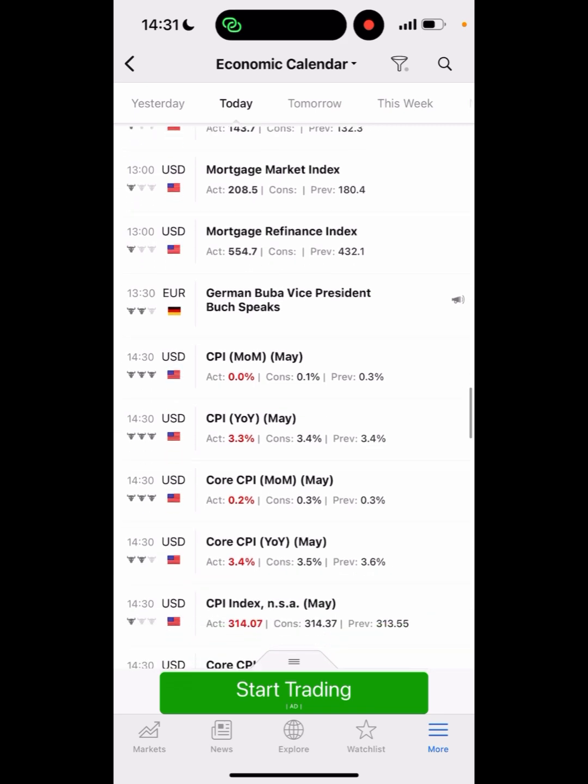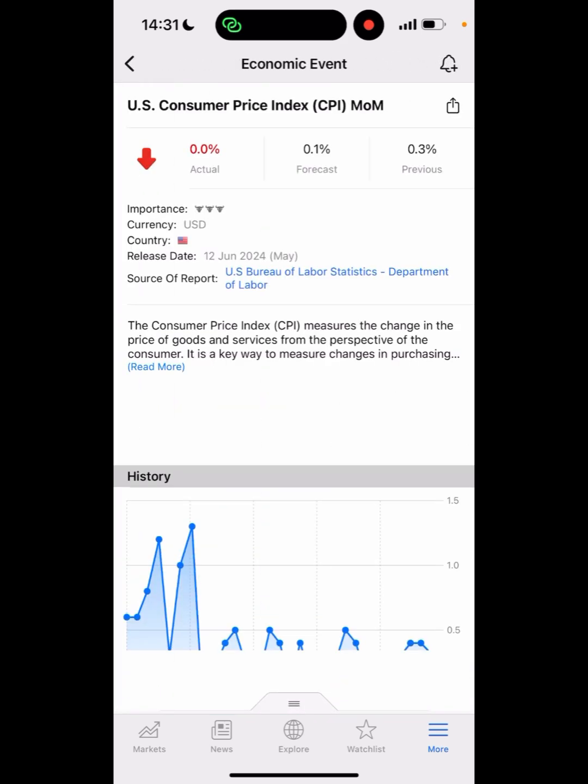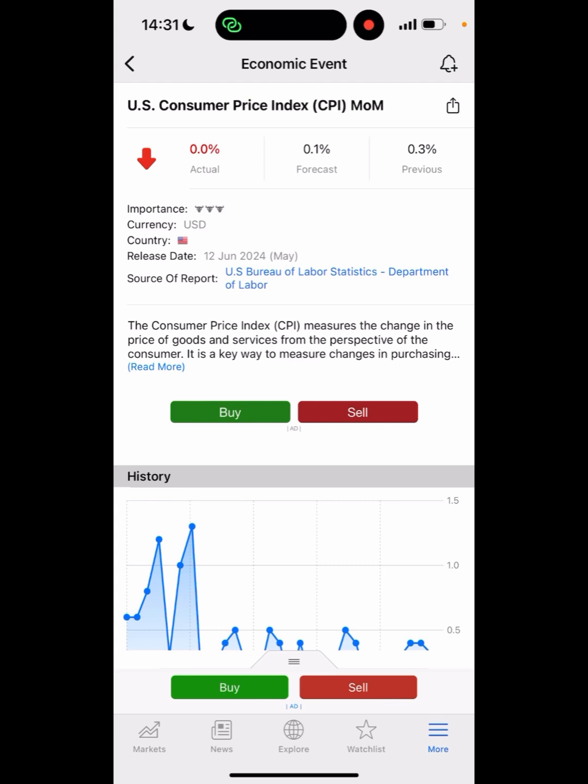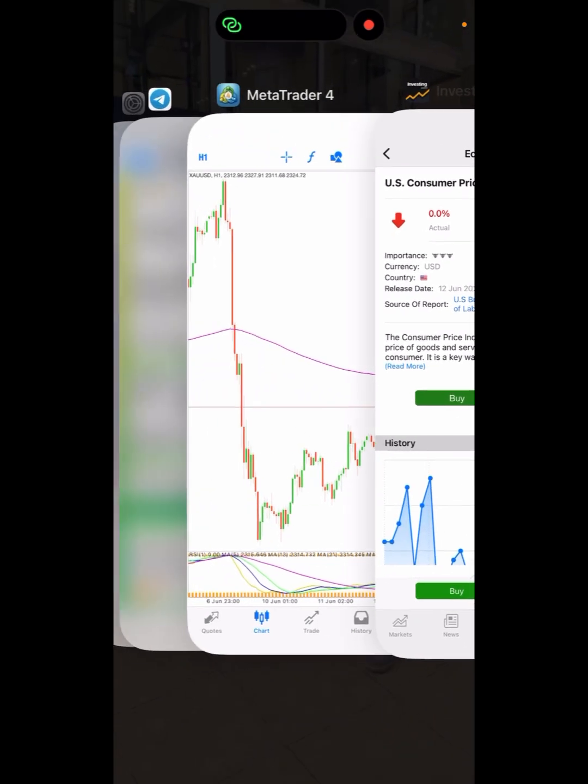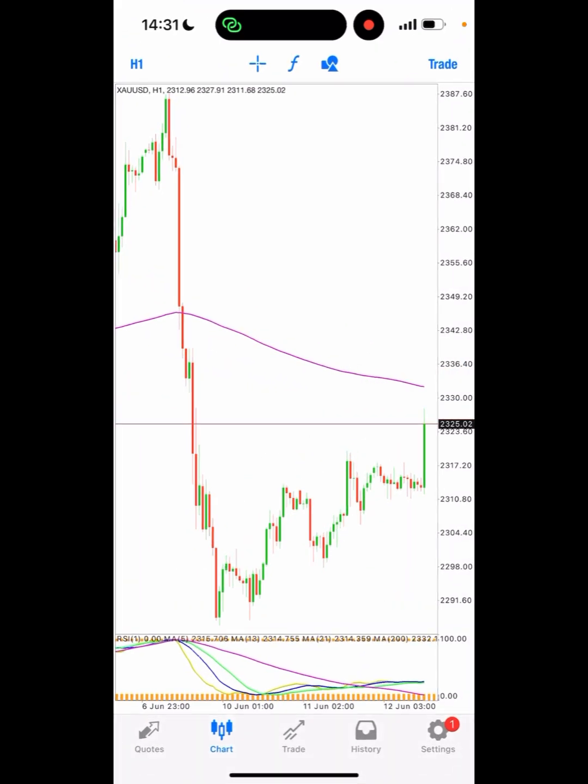The actual is 0.0%, but the previous is 0.3%, which means, you know what we did. We did what we did in France. So it's done. CPI news got killed.